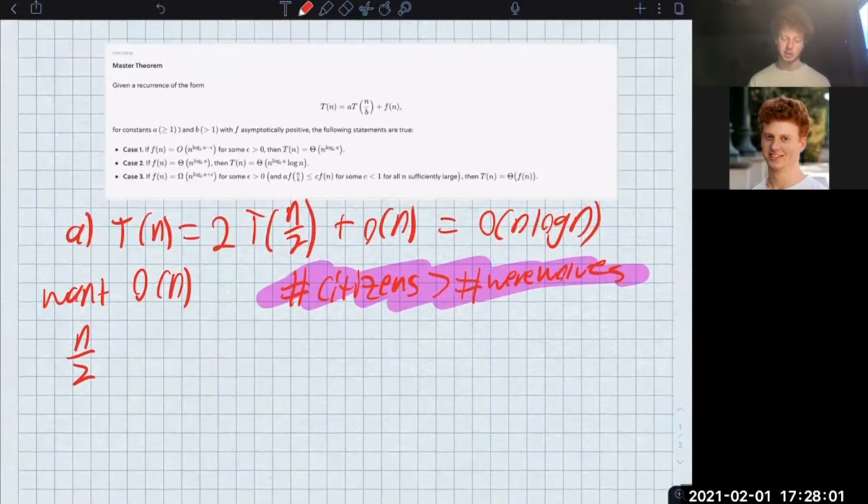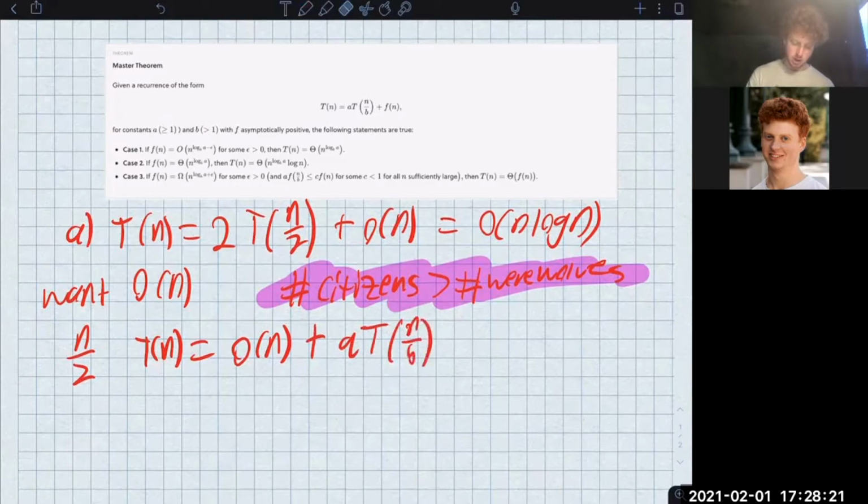It means we're probably going to need some sort of O(n) term in our recurrence relation. And if we have an O(n) term but also want the overall time complexity to be O(n), then when we add our recursion part, we need the O(n) to dominate over the recursion part.